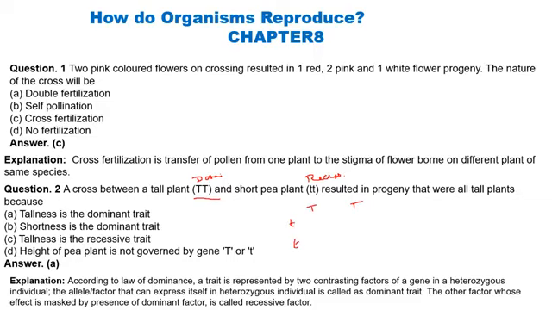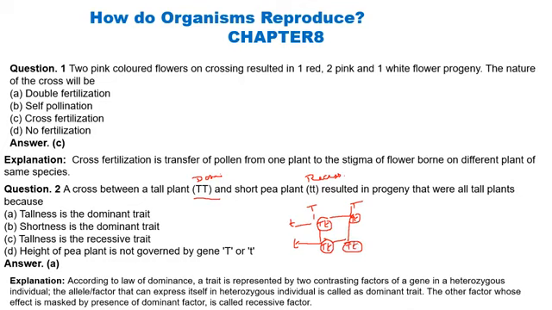When I cross this T with this T, I get capital T, small t, and when I cross these two, again I get capital T and small t.